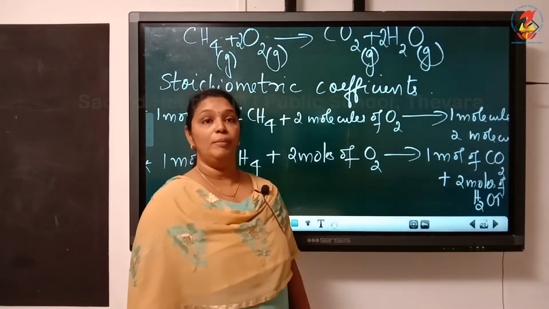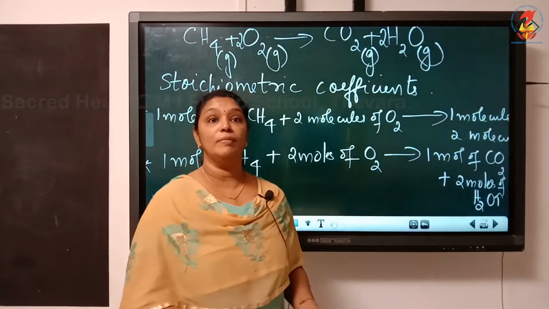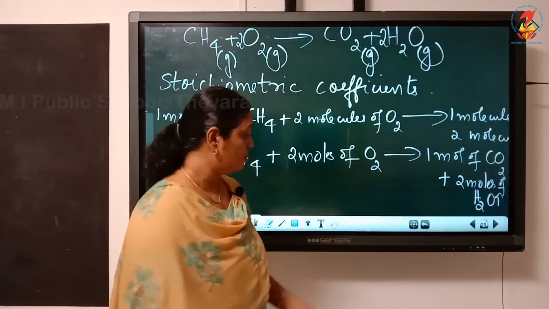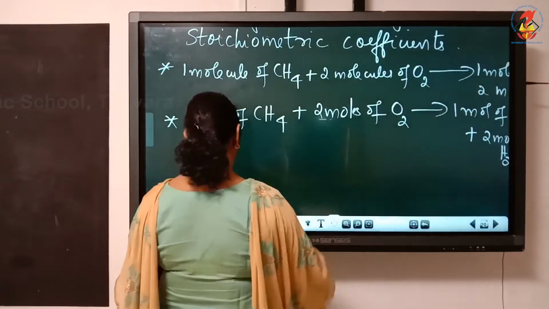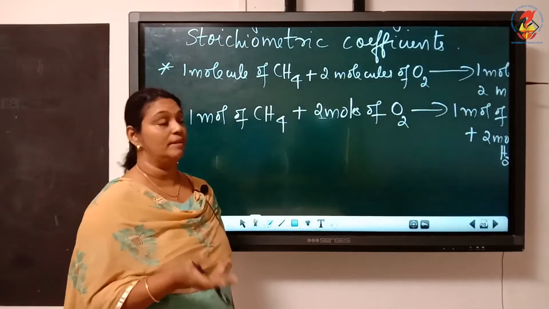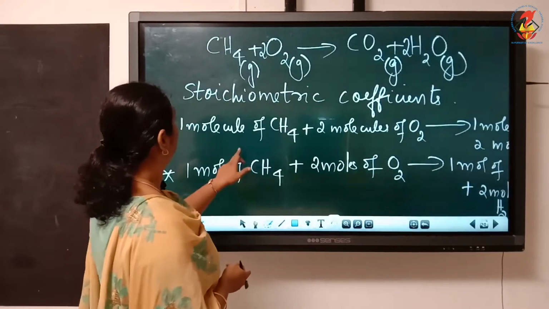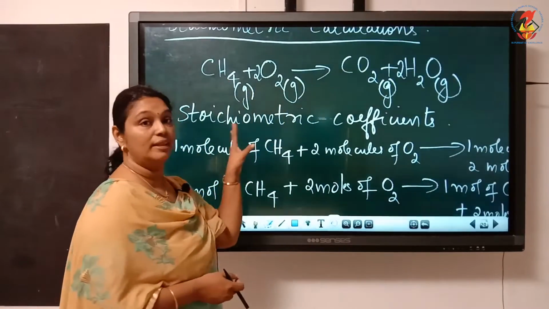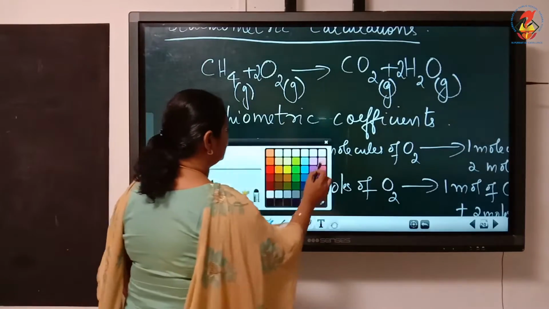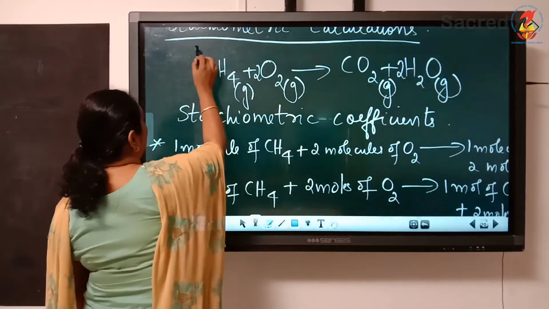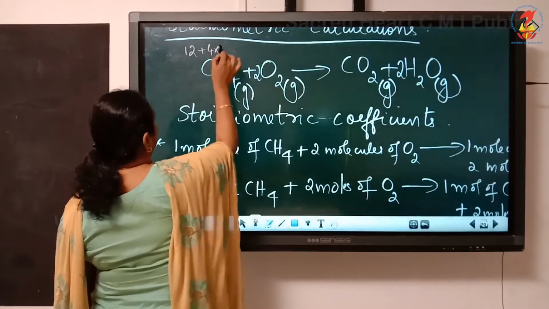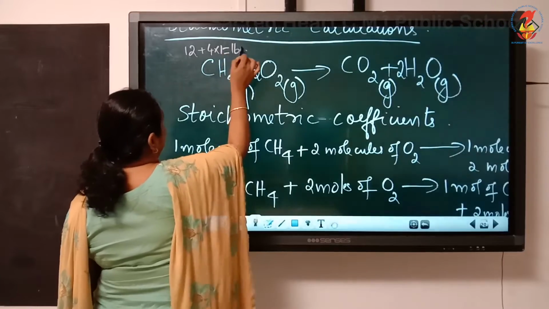Now the third information is we get to know what mass of reactants combine to give what mass of products. So the third information is the mass of reactants and products. Now, we have to calculate the molecular mass to get the masses of reactants that combine. Methane, atomic mass of carbon is 12, hydrogen 4 atoms, so 4 into 1, which is equal to 16 gram.